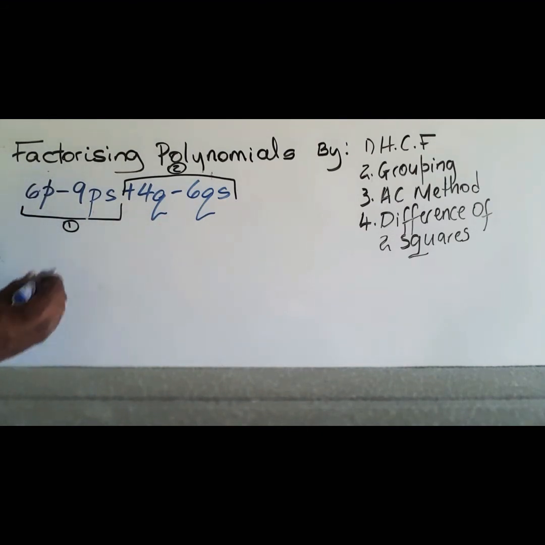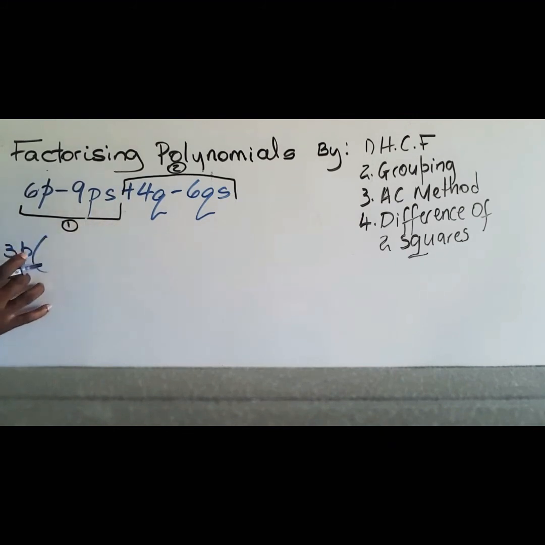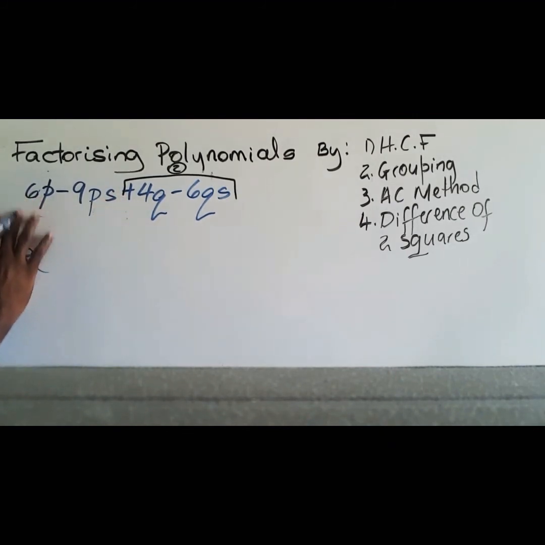So let us look. I'm going to take up my common factor here, which is going to be 3p. So I will be factorizing them in pairs. So for this pair, we're going to divide 3p into this.